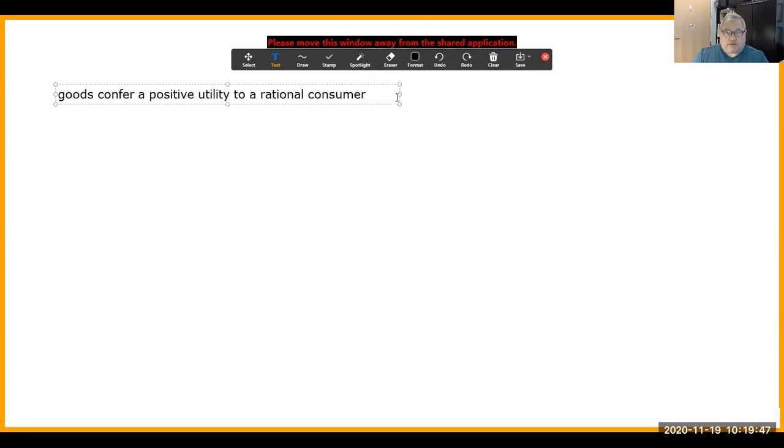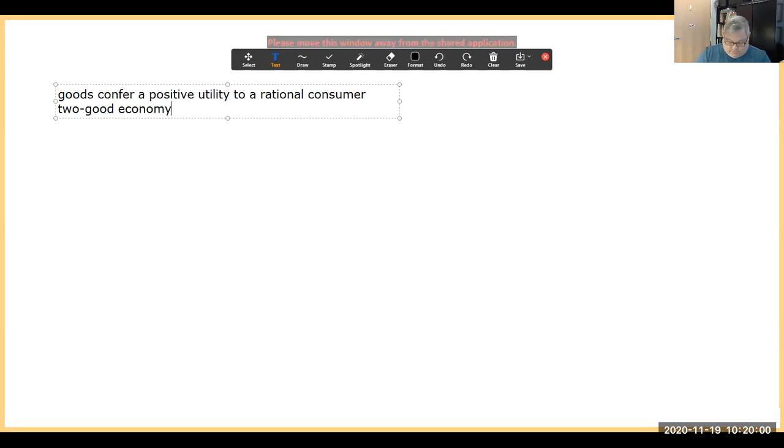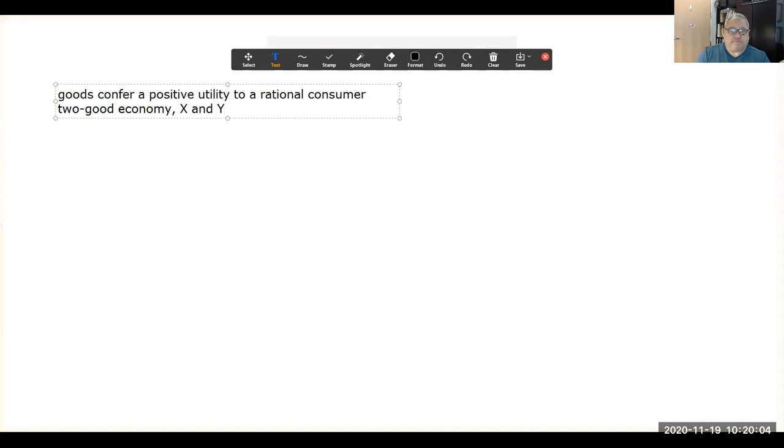We're going to look at a model that makes that condition or assumption. The other one is we're going to look at a 2-good economy. We're going to call these goods X and Y for simplicity.